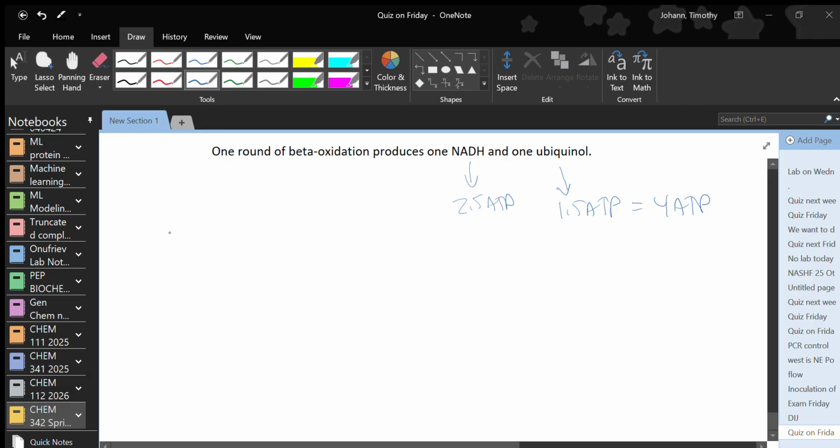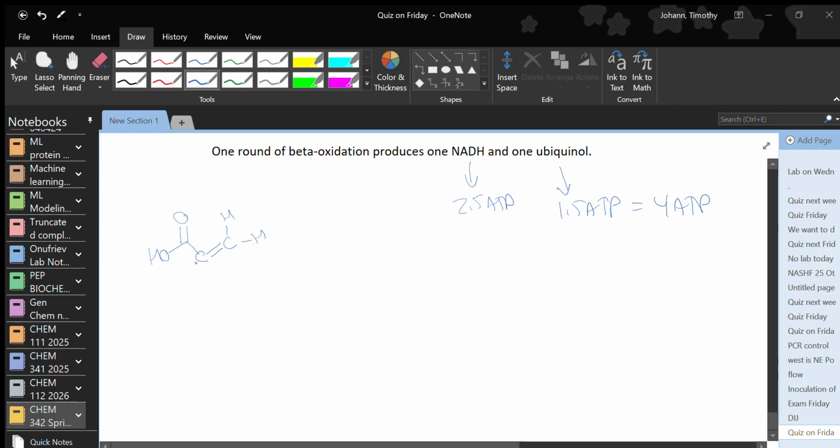So let's think about a super simple fatty acid here. I'm going to draw the carbons so we can see the hydrogens. Let's draw it like that.